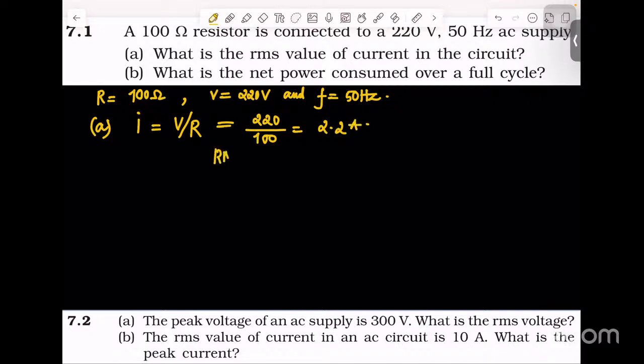So the RMS current which has been asked is 2.2 amperes, and this is the answer.